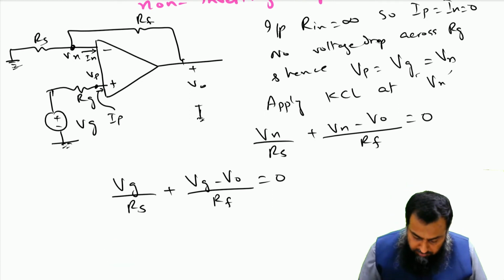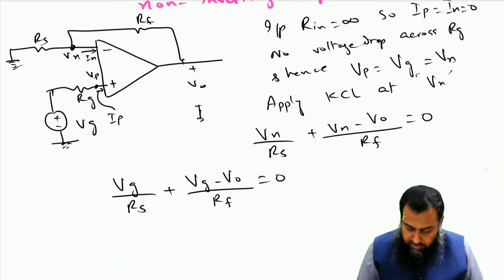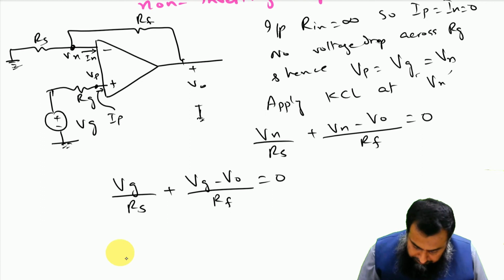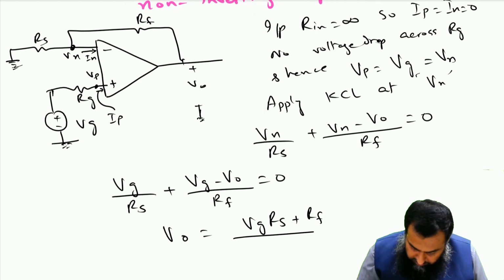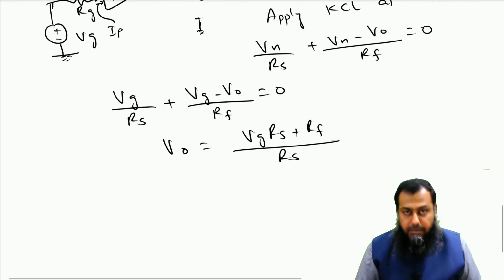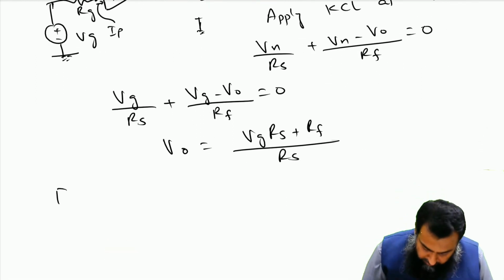Moving on, if I rearrange in terms of a transfer function where the input voltage is related with an output voltage, we get V naught equals Vg times Rs plus Rf divided by Rs.